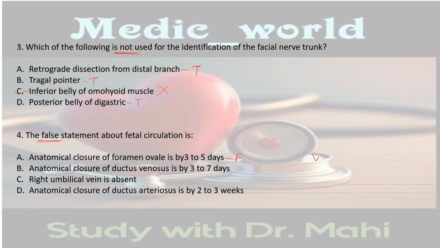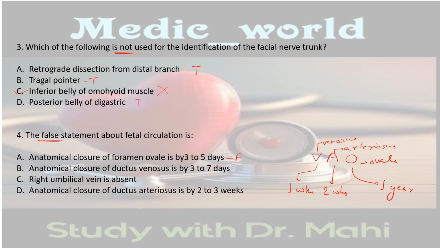We all know the mnemonic, that is FA... V for ductus venosus, A for arteriosus, and O for ovale. And the anatomical closure of these structures are like this: V 1 week, A 2 week, and O 1 year.